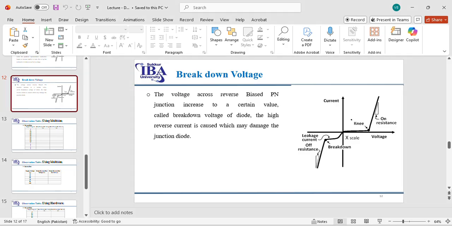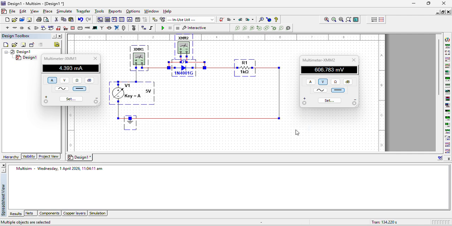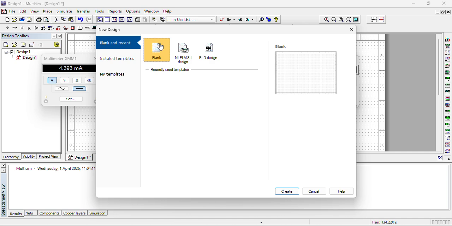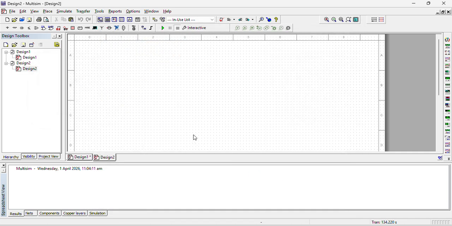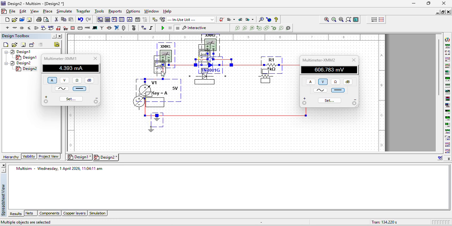While in reverse bias, now let's try the reverse bias. Having a copy of this design, let's copy this design to a new one. What we are doing is only changing the direction.